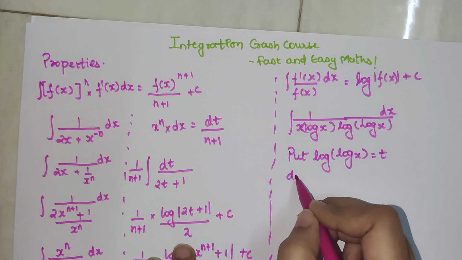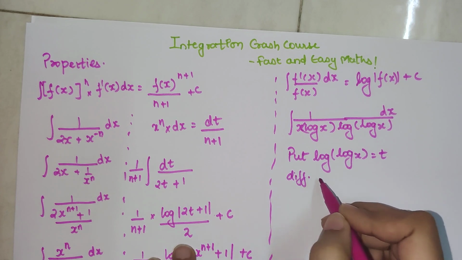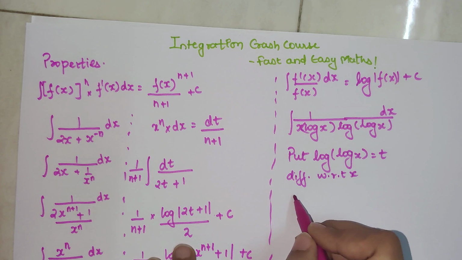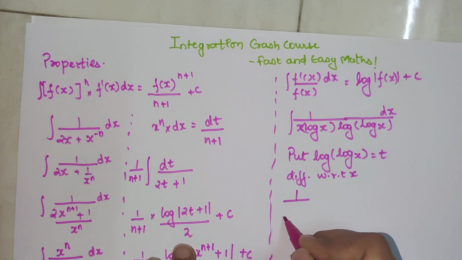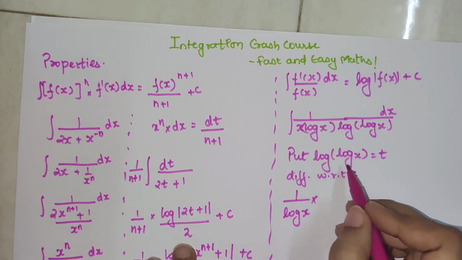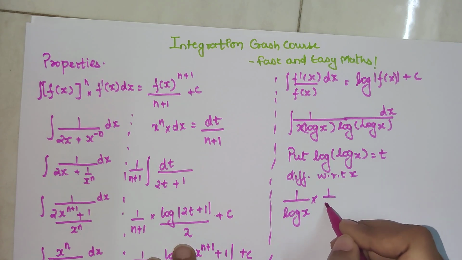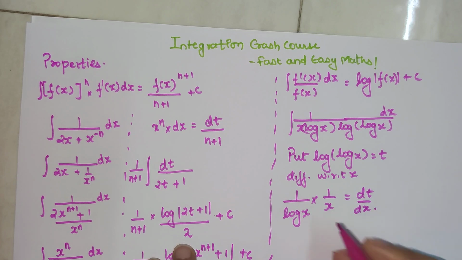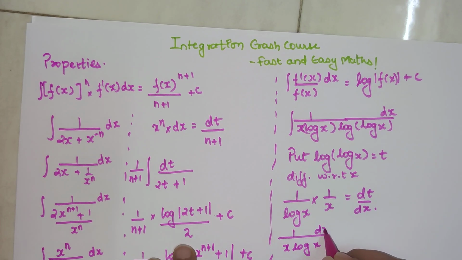So now again differentiating with respect to x, we get log of log x, we get 1 upon log x, and then because of chain rule you will still differentiate the log x as well. So we'll get 1 upon x is equal to dt upon dx. So the final answer is 1 upon x log x dx is equal to dt.